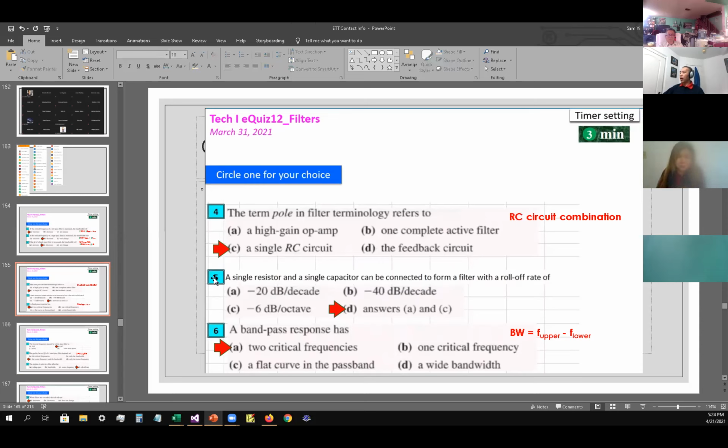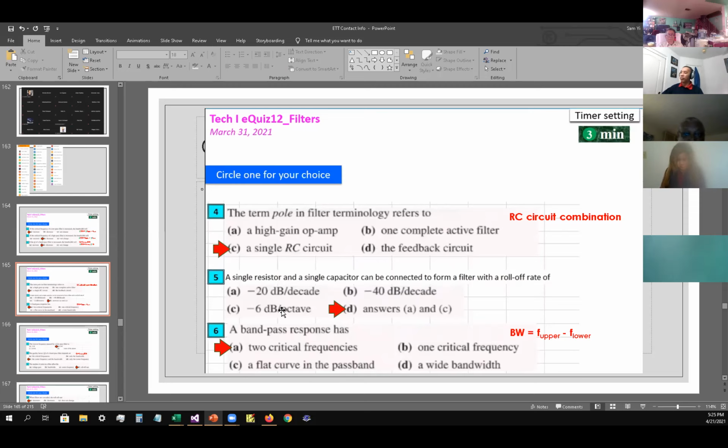Okay, number 5, a single resistor and a single capacitor can be connected to form a filter with a roll-off of... This one you can Google, but the answer is minus 20 dB per decade or minus 6 dB per octave. So these two combinations are correct, because this one is for a single resistor and capacitor.